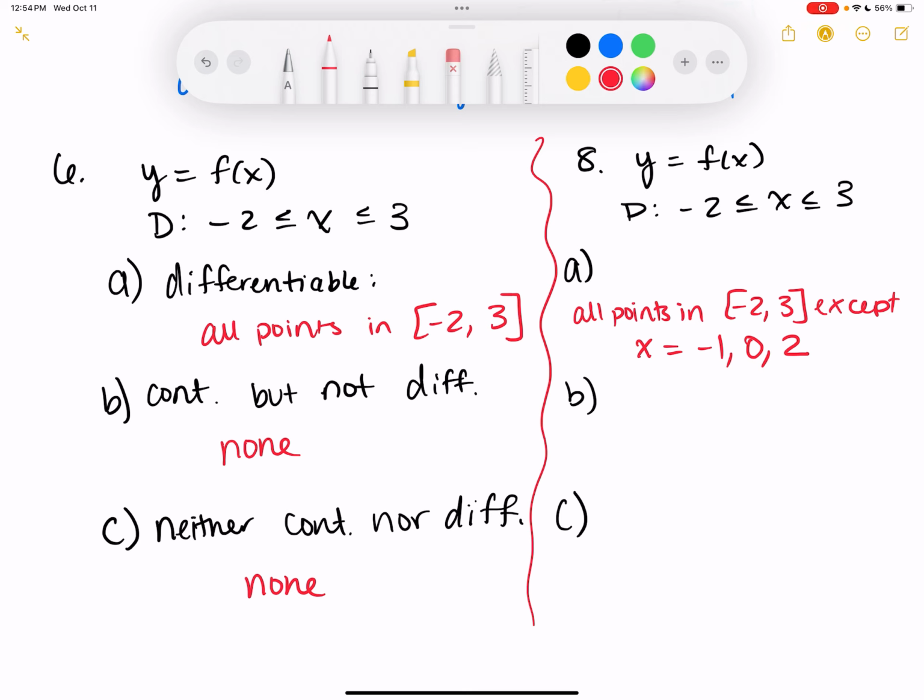Yep. X equals -1 because there's no gap. The problem there is just that there's a corner. So at x equals -1, it would be continuous, but it's not differentiable. That's the only one of those.